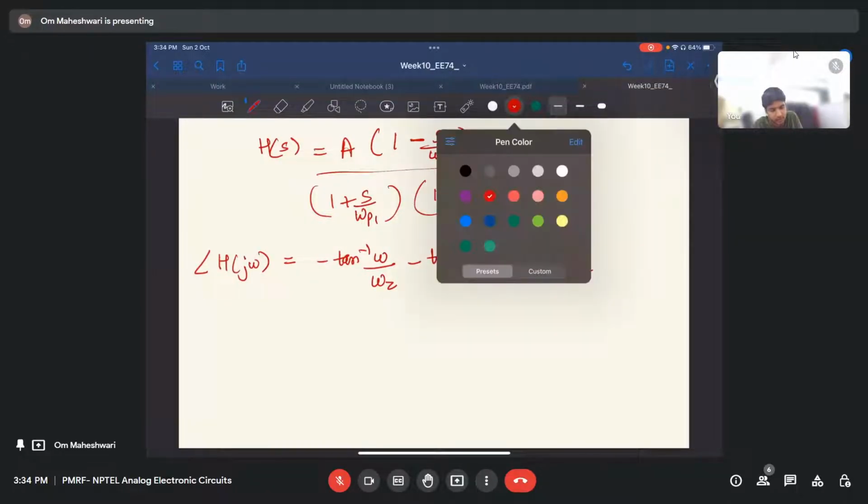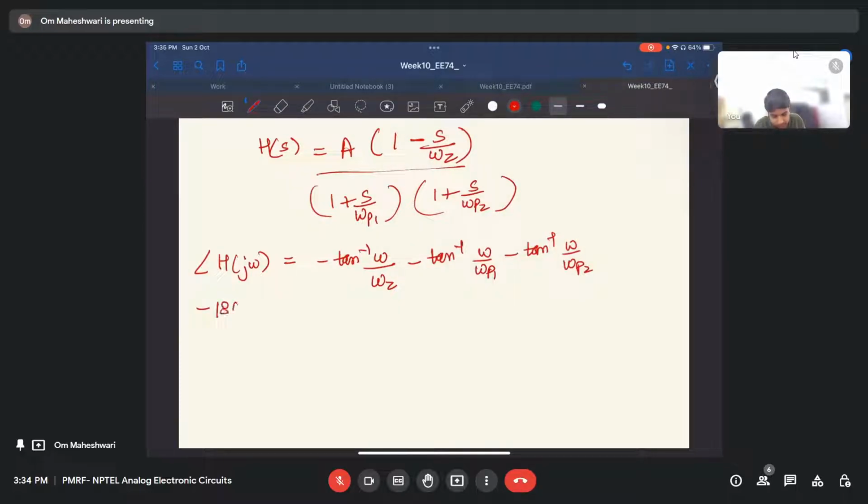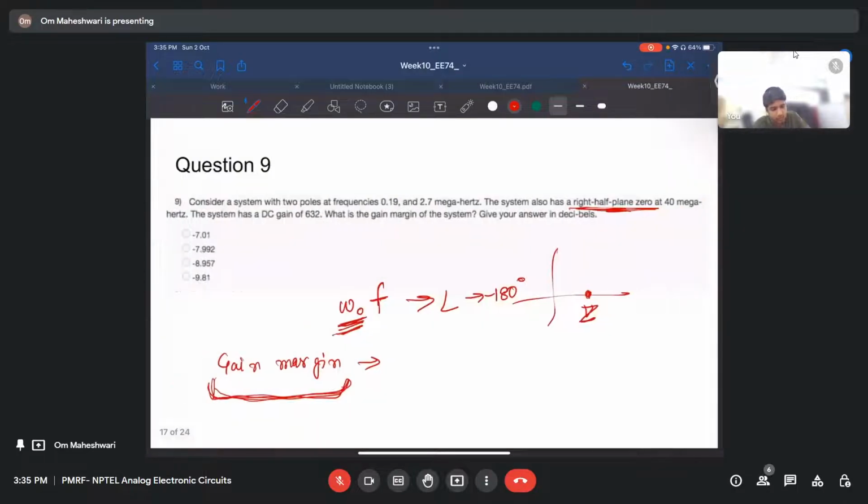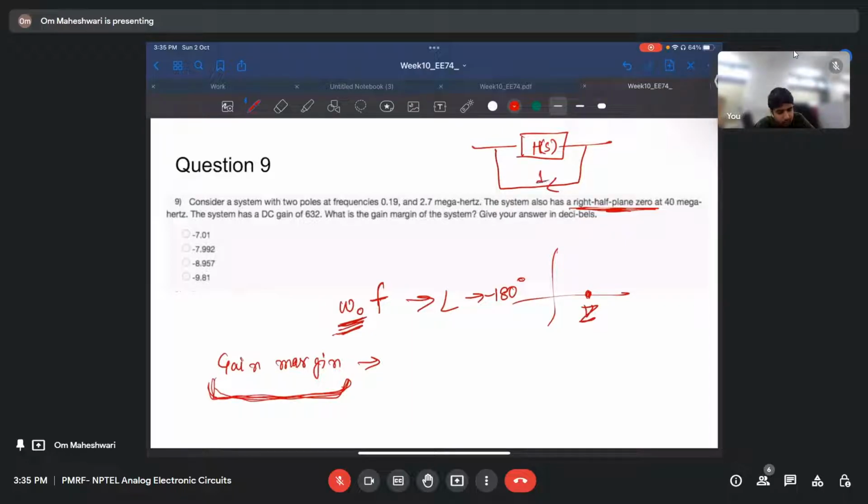So first I need to find the frequency at which this angle is minus 180 degrees. Why are we interested in 180 degrees? When we have our system H(s), we find the gain margin and phase margin for the worst case, which is unity gain feedback, so feedback is one. The closed loop transfer function will be H(s) upon 1 plus H(s).